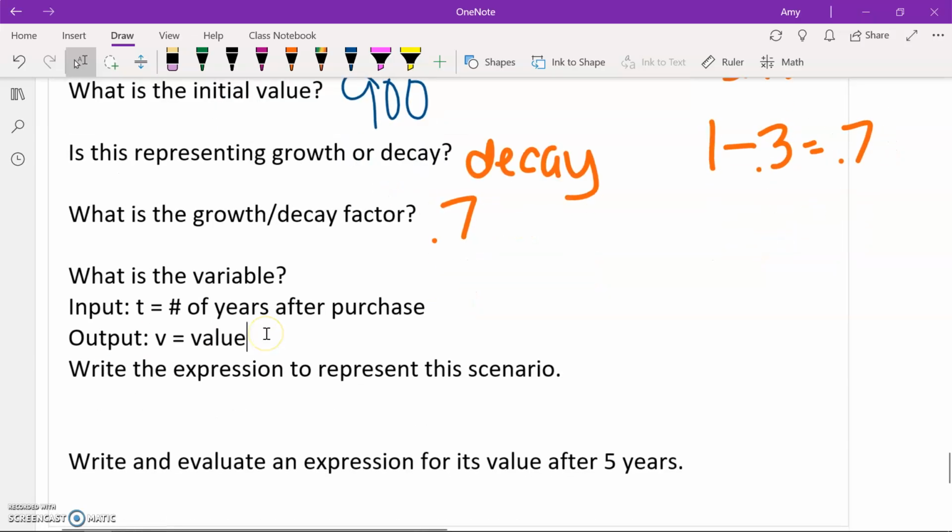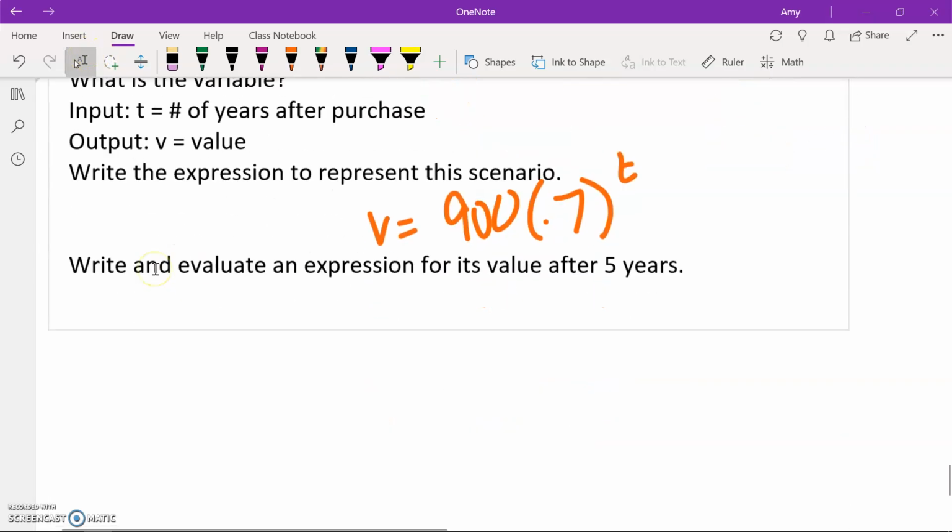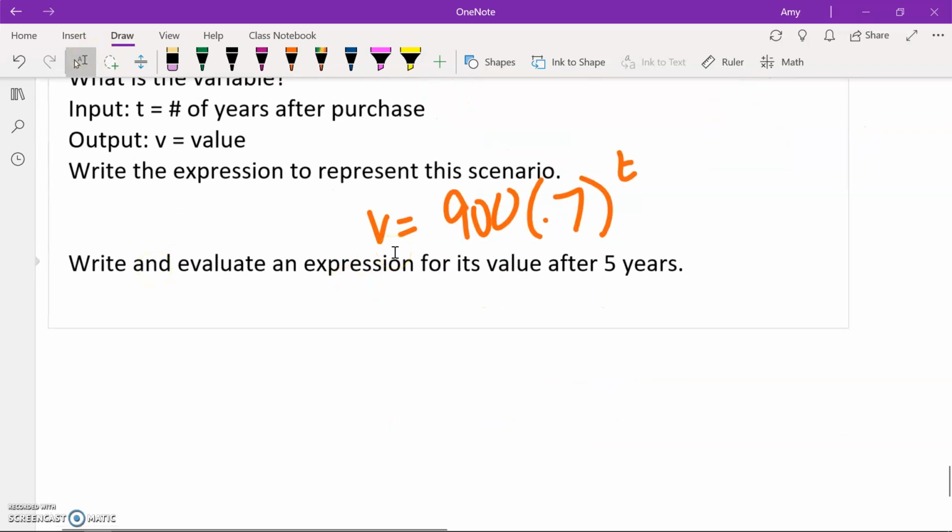And let's write our expression. V equals 900 times 0.7 to the power of t. So this means that every year we are going to keep 70% of its value because we lost 30% of its value.